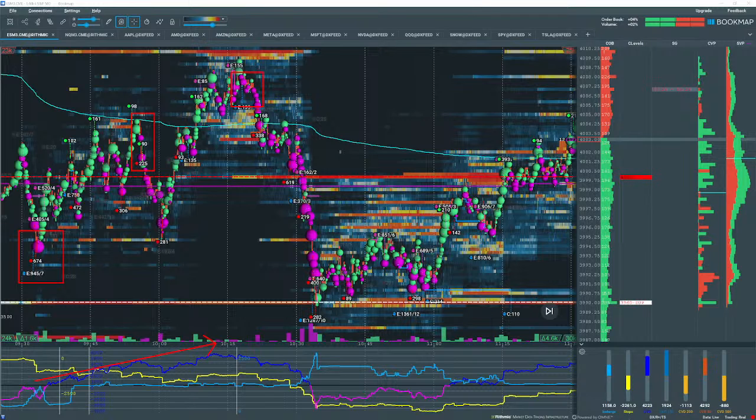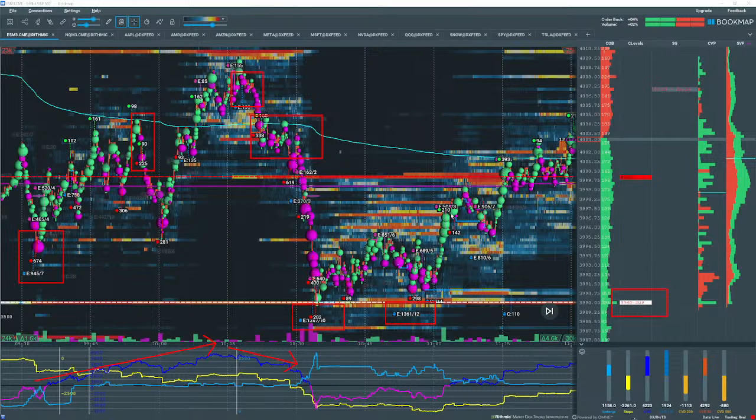And you can see the falling CVD, and a retest of the VWAP, then a sharp move lower, and then finally note the iceberg orders coming in as the S&P 500 tests the 3960 support level.